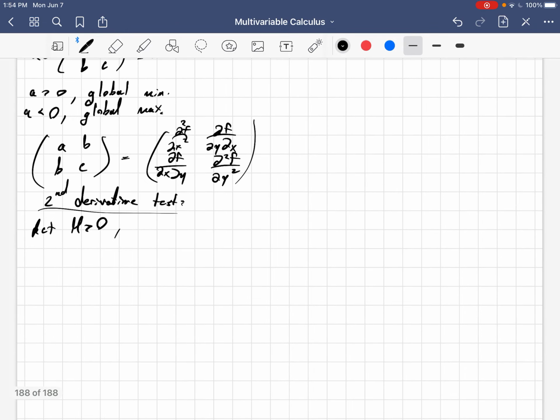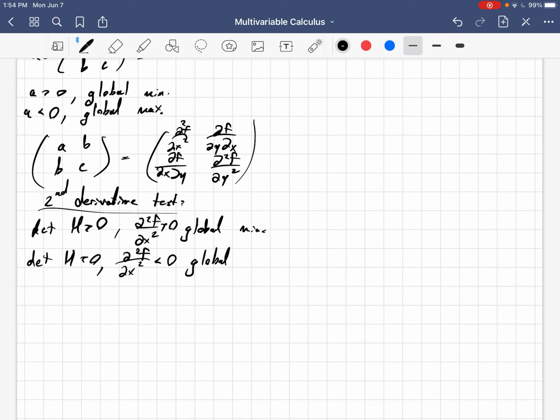If it's greater than 0 and a, which is the second partial of f with respect to x, is greater than 0, we have a global min. If the determinant of H is greater than 0 and the second partial of f with respect to x is negative, we have a global max.